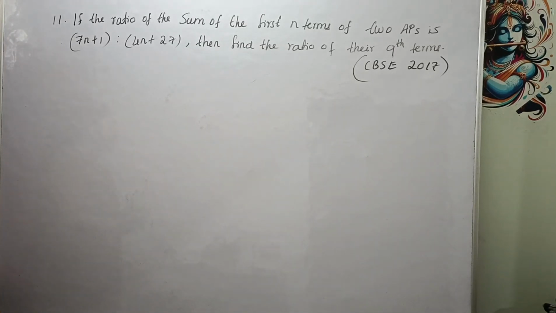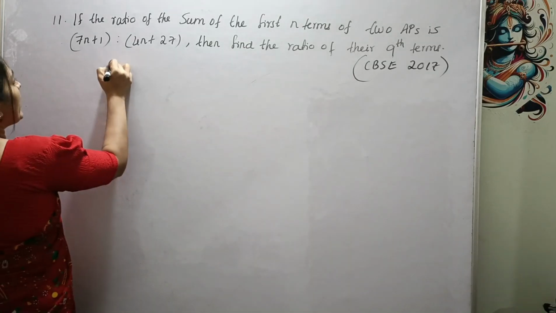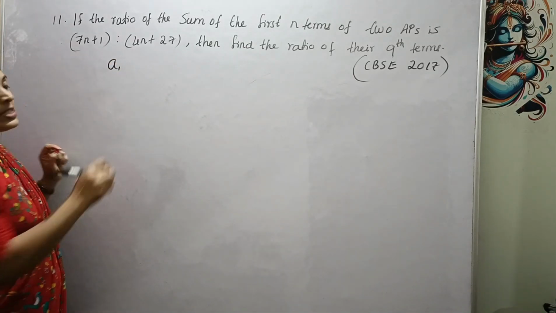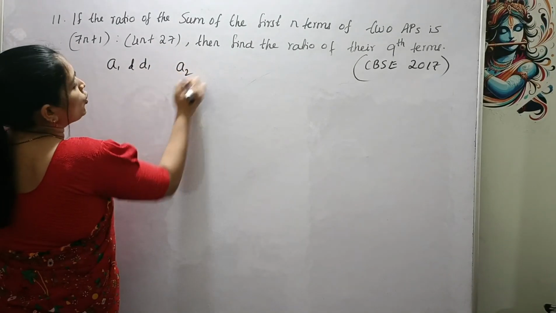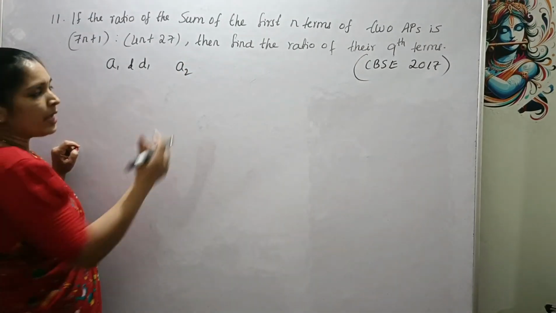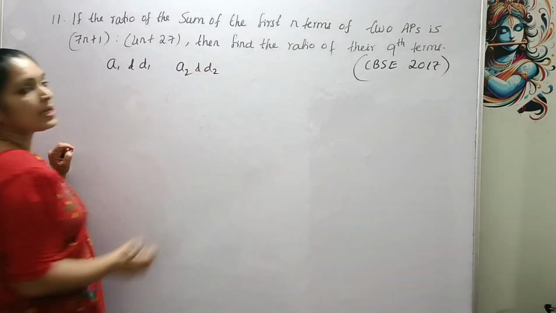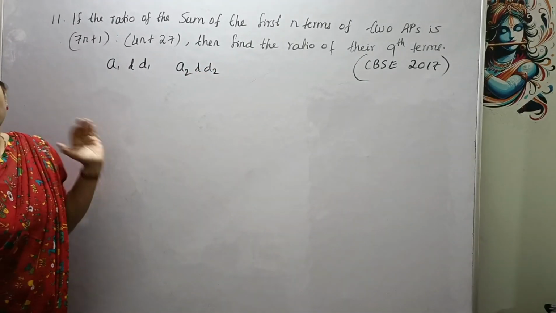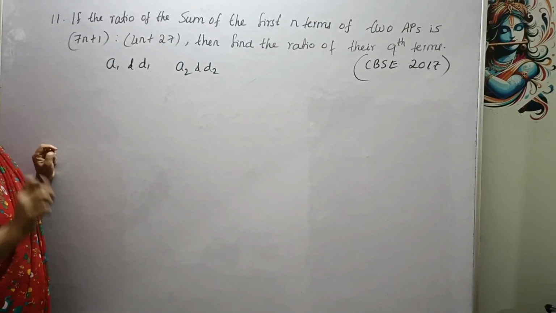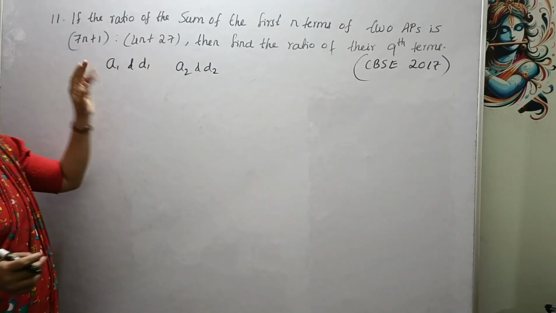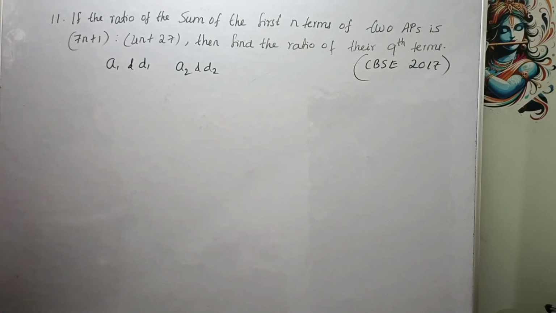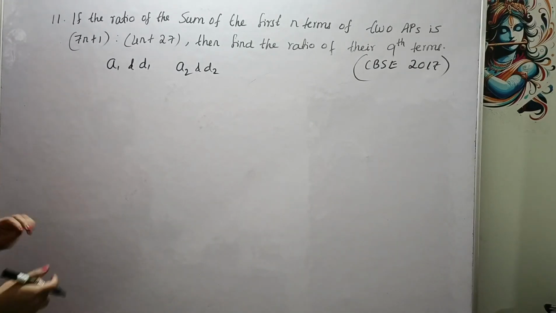There are two APs. Let a1 be the first term of the first AP and d1 be the common difference of the first AP, and let a2 be the first term of the second AP and d2 be the common difference of the second AP. It is given that the ratio of the sum of the first n terms of the two APs is 7n plus 1 is to 4n plus 27.